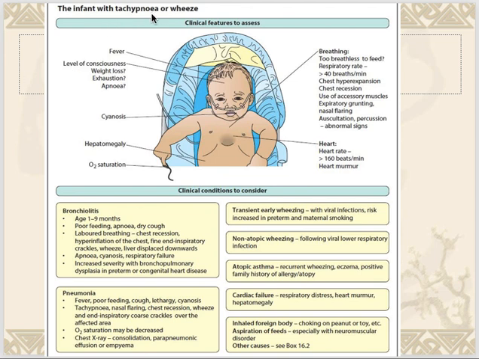Tachypnea is an increased breathing rate, and wheezing, as I told you before, are sounds which look like whistling. Whistling sounds. Whenever it is too windy and your windows are closed, sometimes you hear the whistling. So that's more like wheezing.